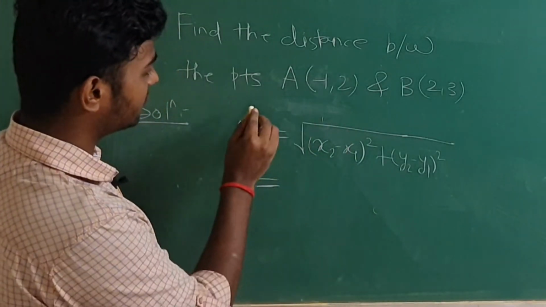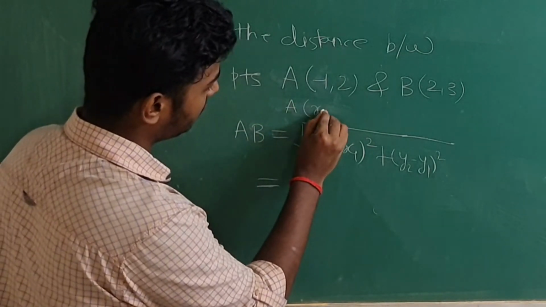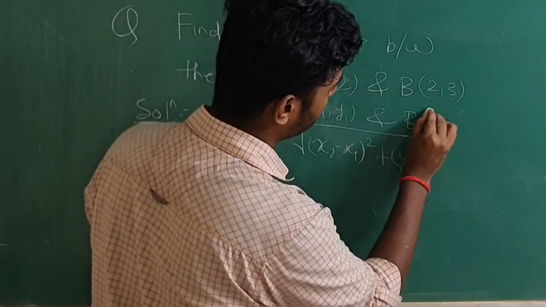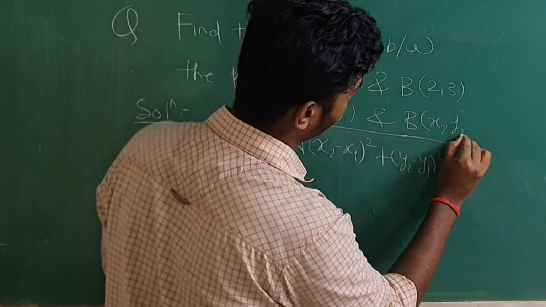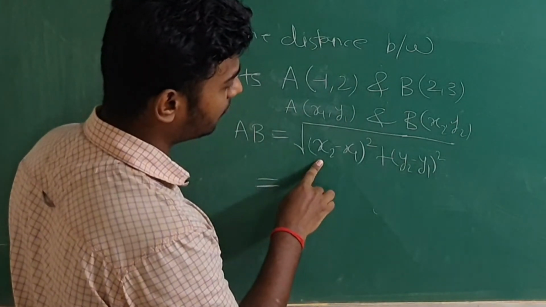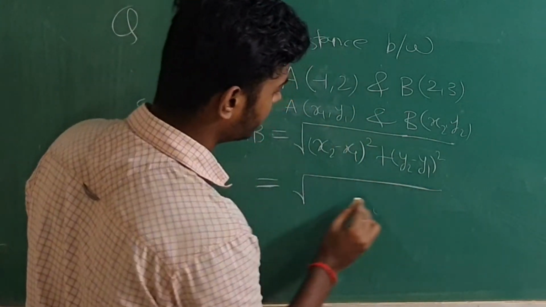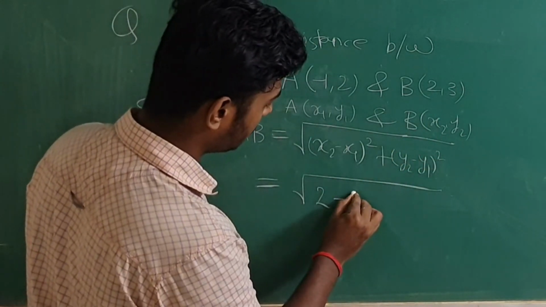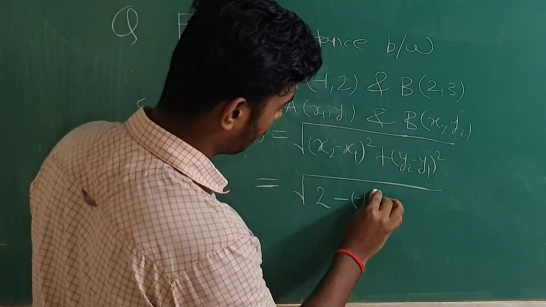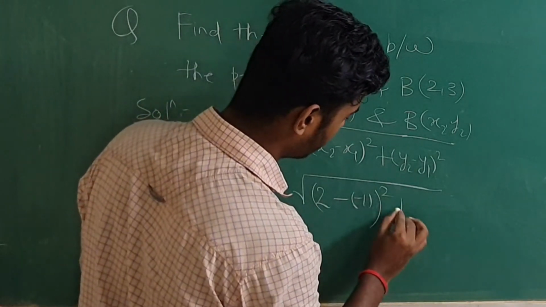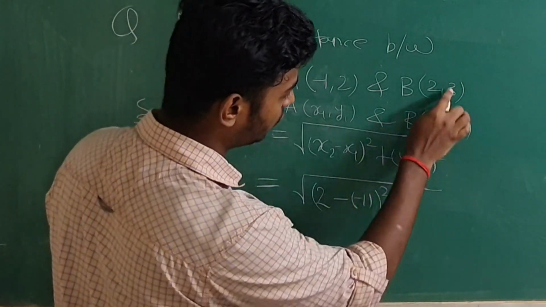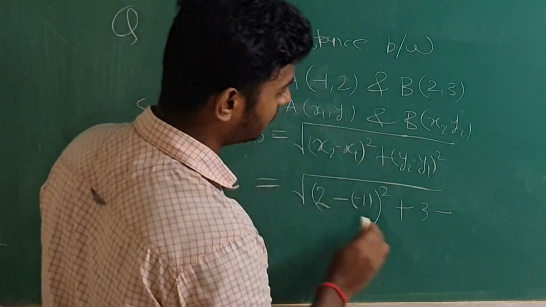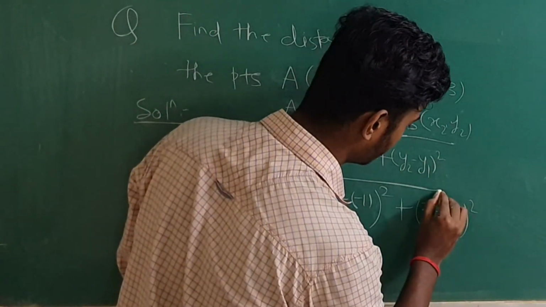Now let's consider that A is (x1, y1) and B is (x2, y2). What is the value of x2? It is 2. What is the value of x1? Minus 1, whole square. What is the value of y2? 3. What is the value of y1? 2, the whole square.